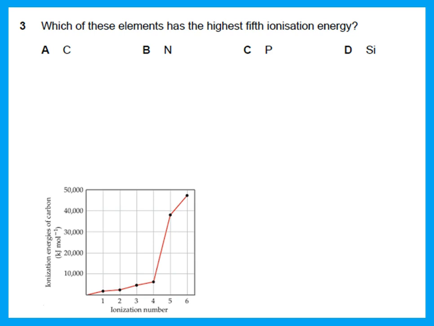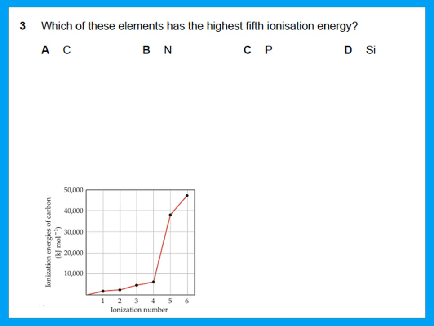Because something in group 4 would have 4 electrons in its outermost shell. So I remove the first electron, that's the first ionization energy. I remove the second electron, the third electron, the fourth electron, and then after that, the fifth electron is going inside an inner shell, which is closer to the nucleus, stronger attraction force to the nucleus. So the fifth ionization energy will be much higher than the others.